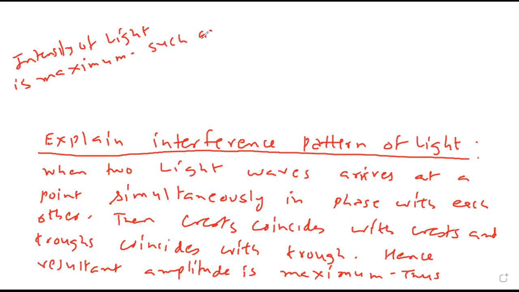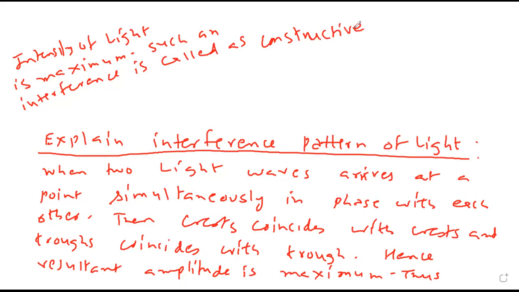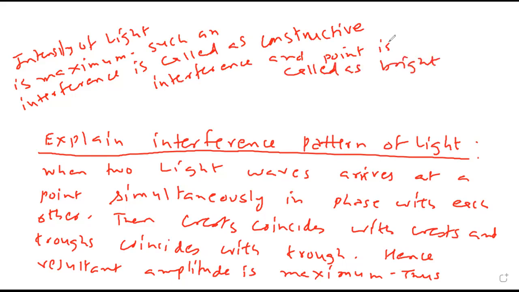Such an interference is called constructive interference, and the point is called a bright point.